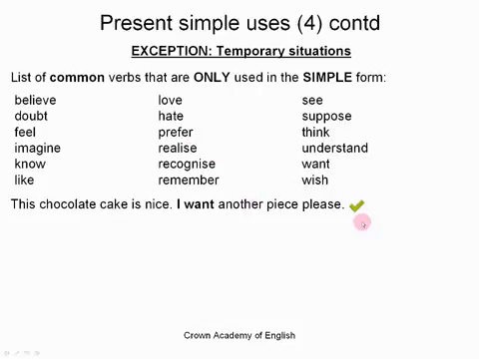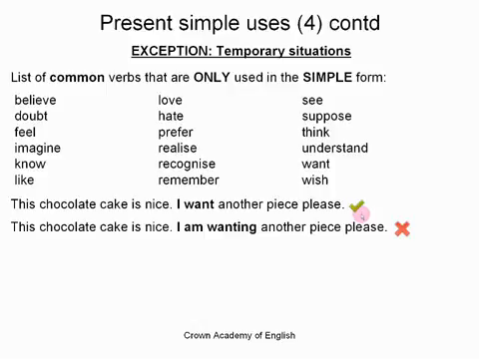Now, although this is happening now and it's a temporary situation, we're not expressing a fact here. However, so you would think normally we would use the present continuous form, but we don't, because it's a verb on this list, and the verb want can only take the present simple form. Okay, so in other words, we cannot say, "I am wanting another piece, please." That is just wrong.